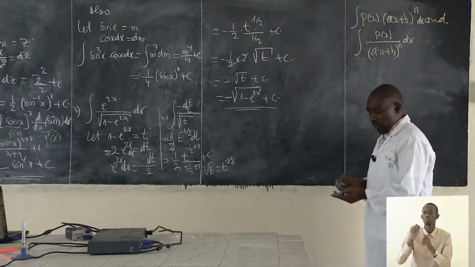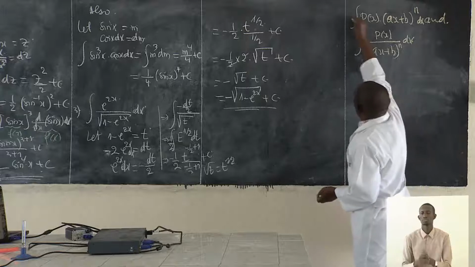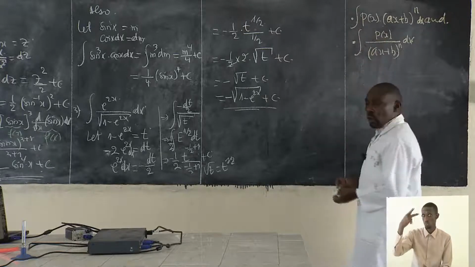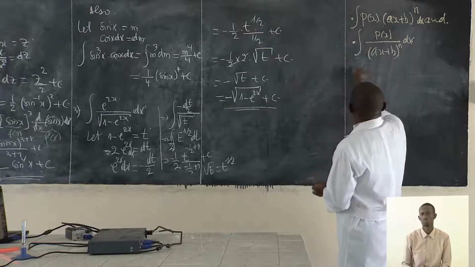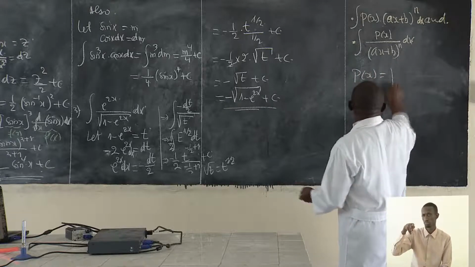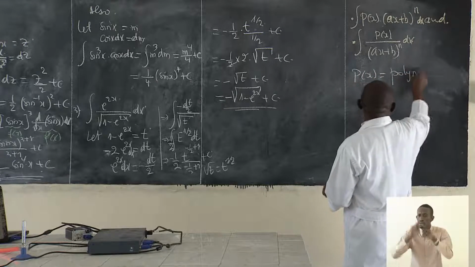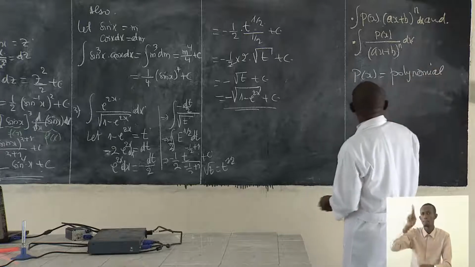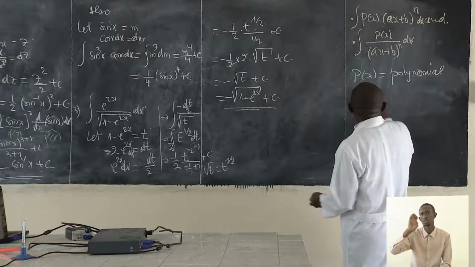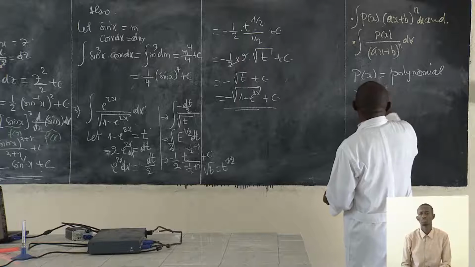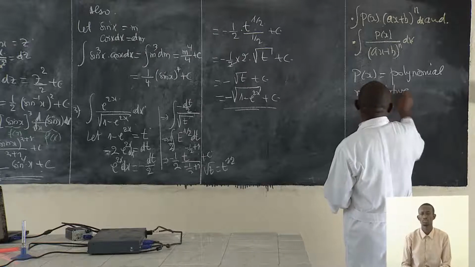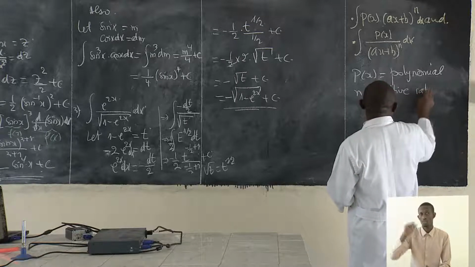Of course, for these two kinds of integrals, p of x is a polynomial, and n is a positive rational number.